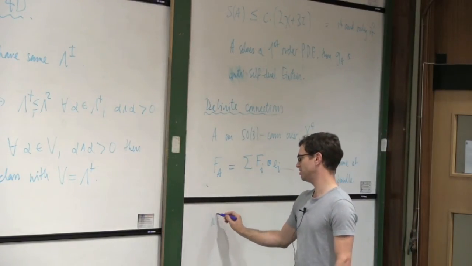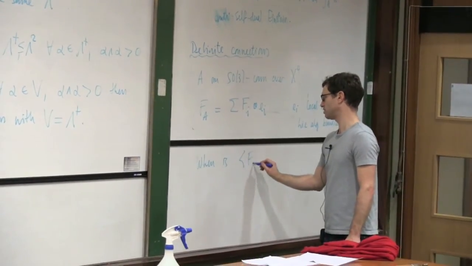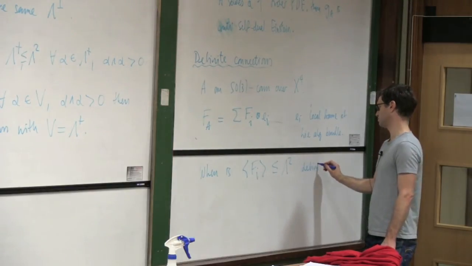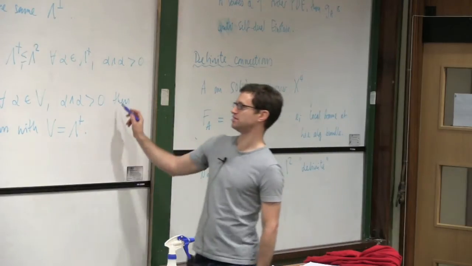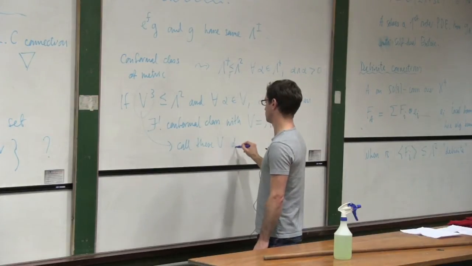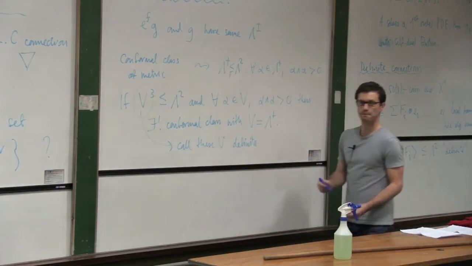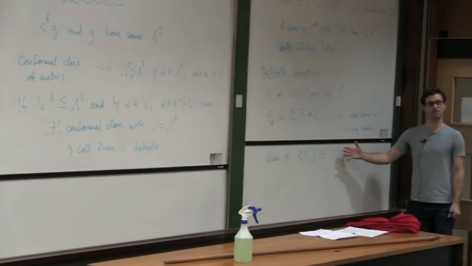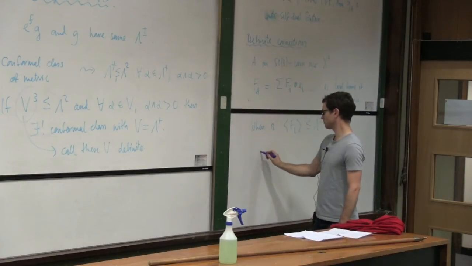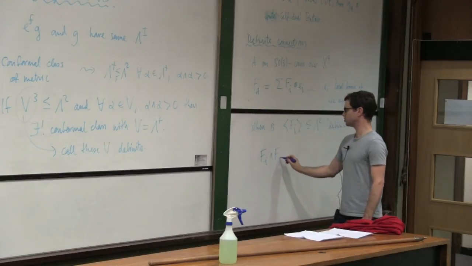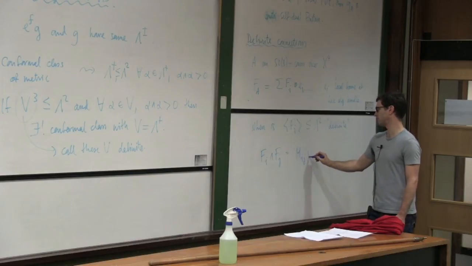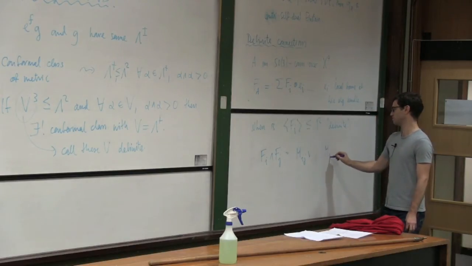So when is the span of these 2 forms inside lambda 2 definite? Let's call such a V definite. This is an inequality on the curvature, and it just says that if I wedge these 2 forms together, I get a matrix of 4 forms, which I can write as M_ij times some fixed reference form, and M_ij should be positive definite.